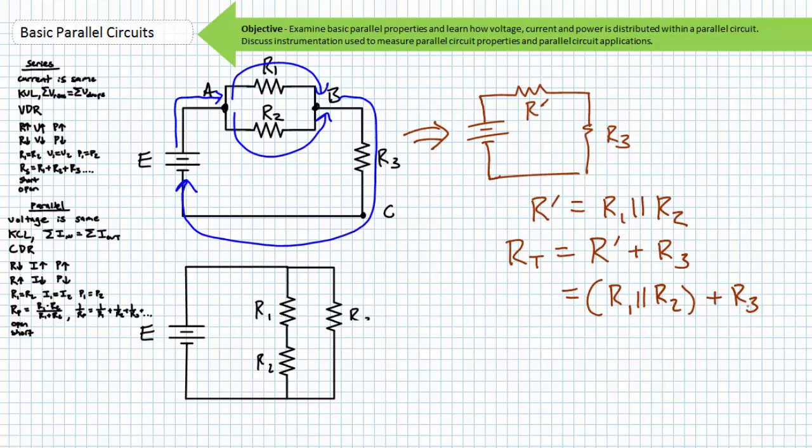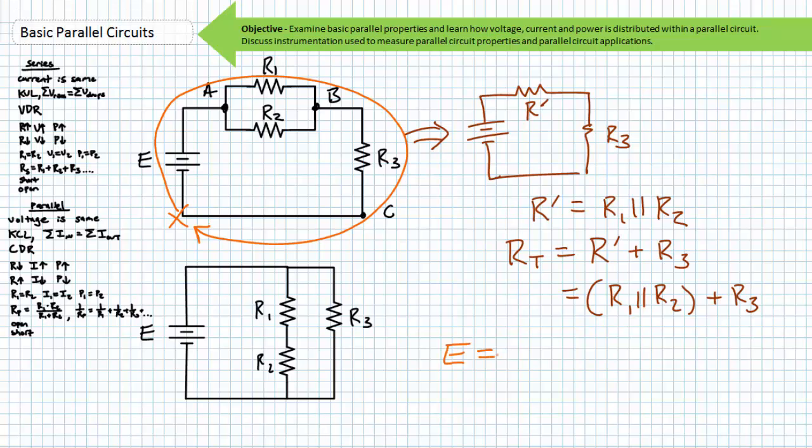Using Kirchhoff's voltage law, we can examine the voltage distribution of this series parallel circuit. Start here. Travel in this direction. There is a voltage rise of E. There is a drop of VAB. There is a drop of VBC. Given both resistors R1 and R2 are hooked between node A and B, I can rewrite the Kirchhoff's voltage law equation as follows: E equals V1 plus V3, or E equals V2 plus V3.